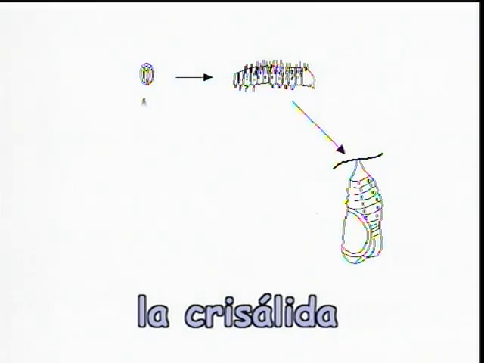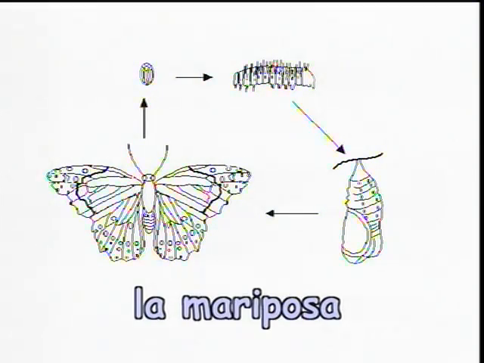The life cycle of a butterfly was very interesting. The cycle consisted of el huevillo, la oruga, la crisálida, y la mariposa.